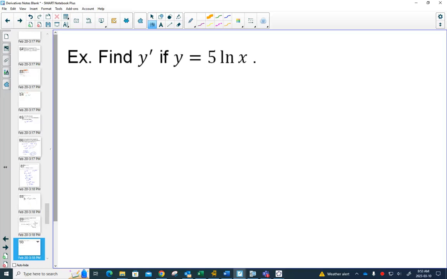So same rules, if you just have a constant in front, that constant would stay. This derivative would be 5 times 1 over x.